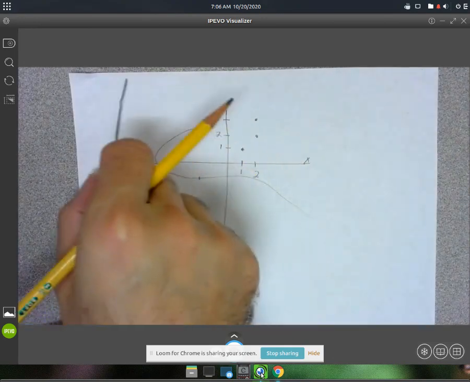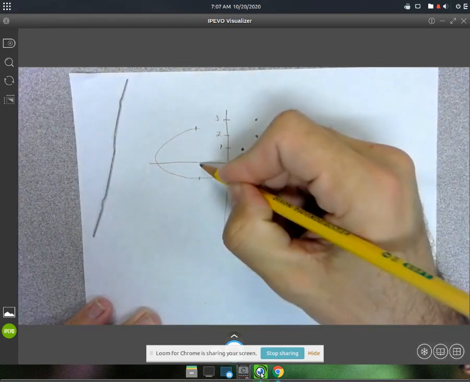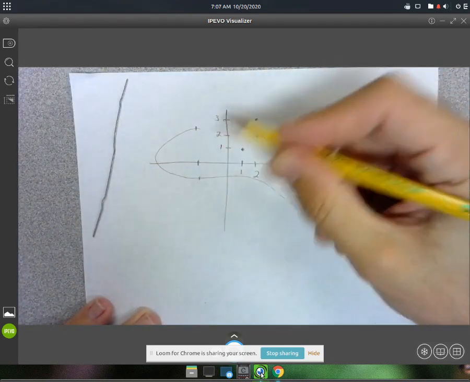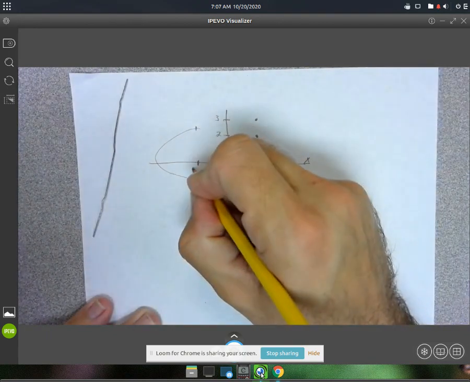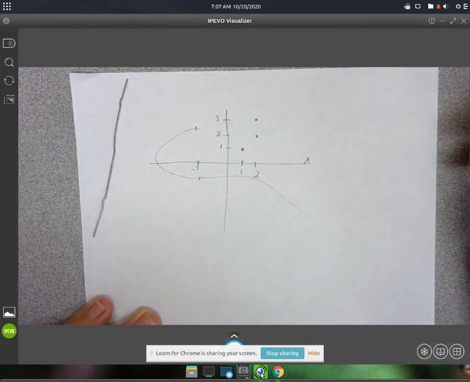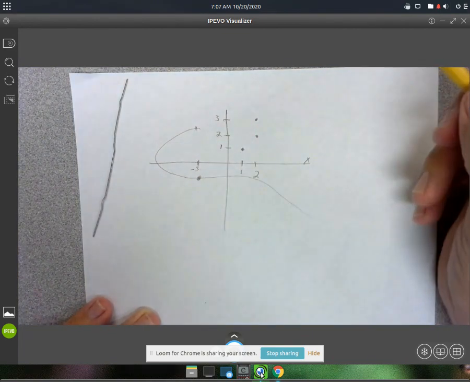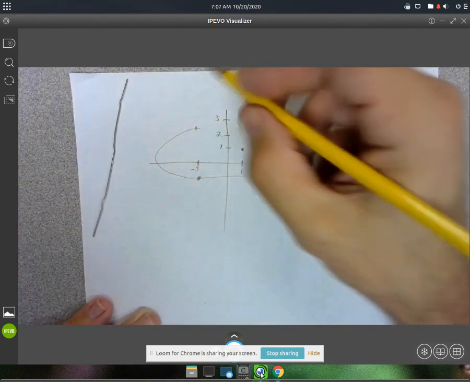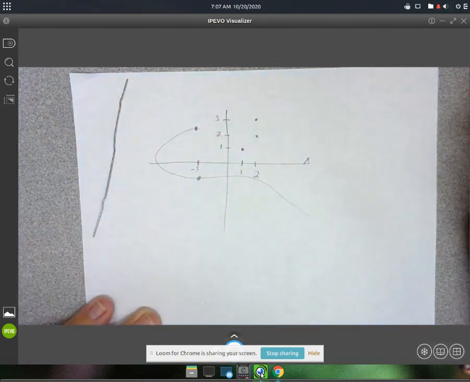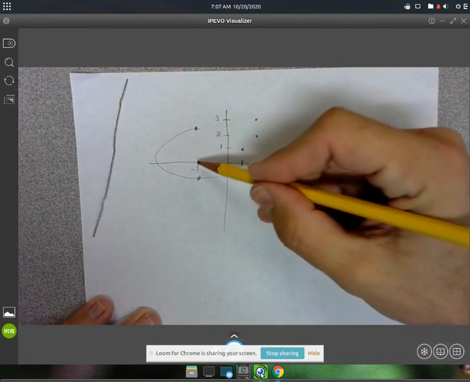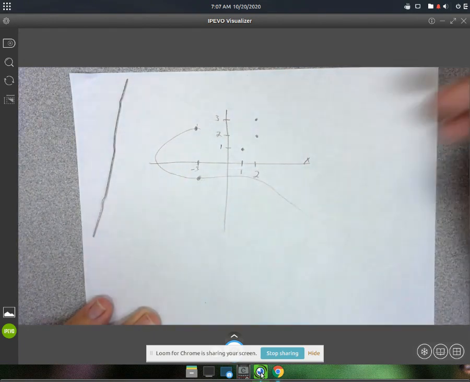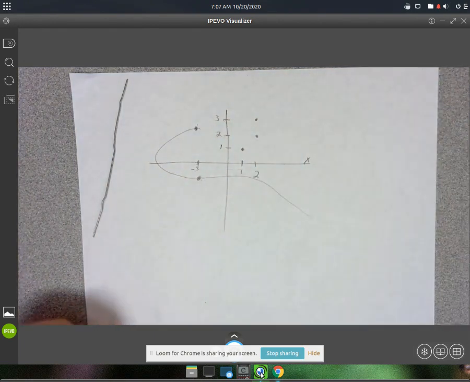Basically, at this negative value, maybe -3, there are 2 different outputs. Whatever this negative value is, that's an output, and this output right here. So -3 is going to 2 different places, and that's why it's not a function.